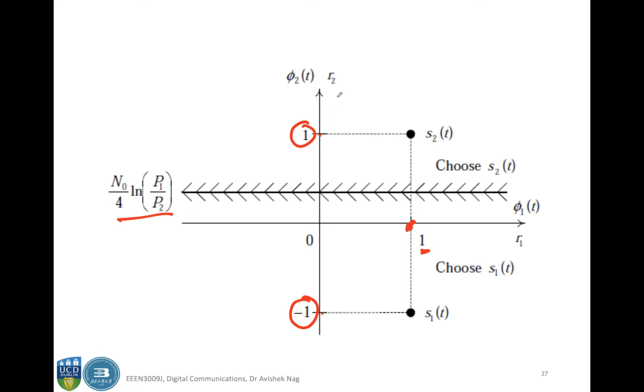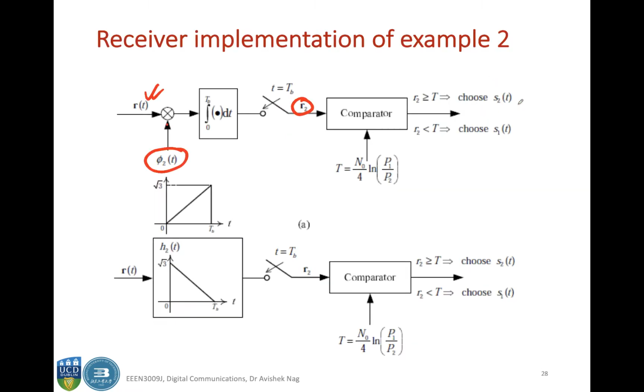If your R2 is greater than this threshold, then you are closer to S2, and you decide that S2 was transmitted. If your R2 is less than the threshold, then you decide S1 for this example.